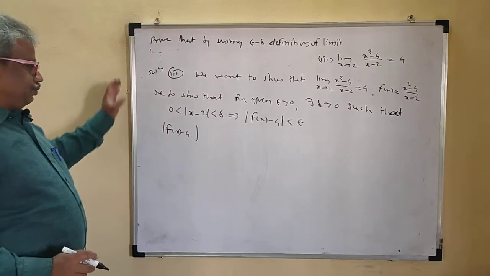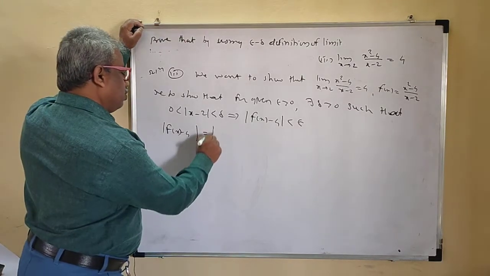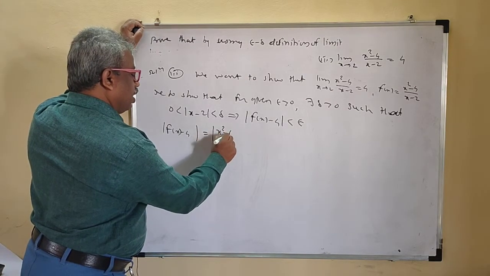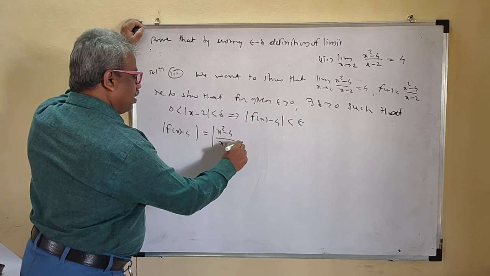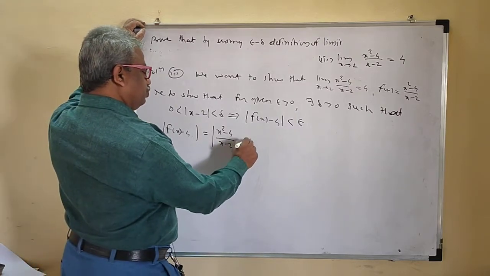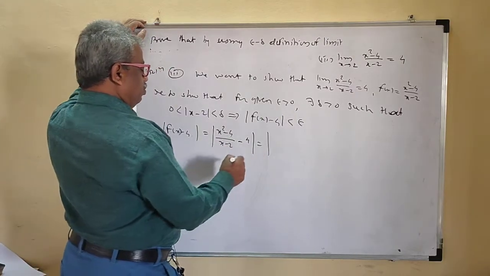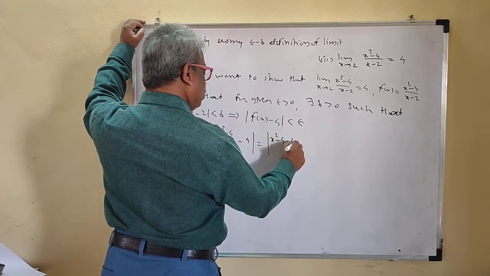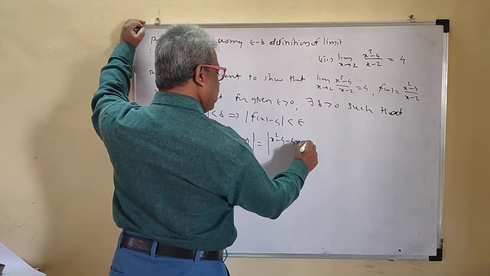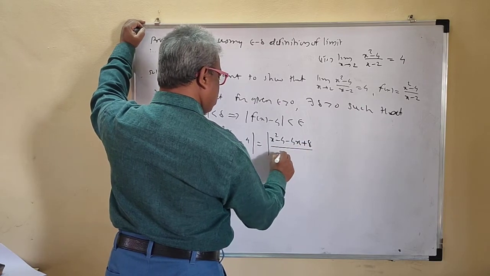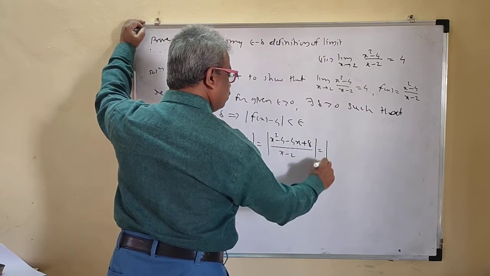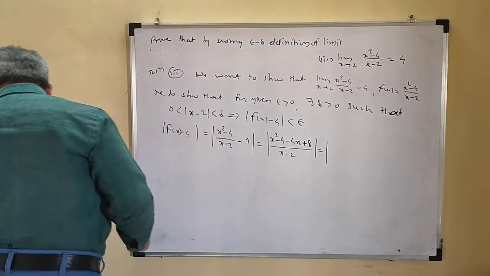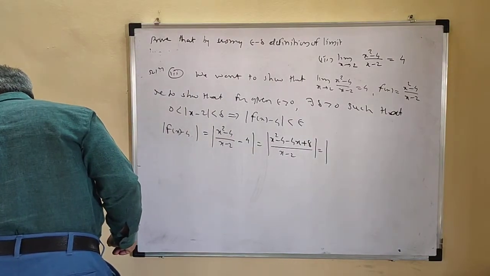Okay. So what is this? This is equal to x square minus 4 upon x minus 2 minus 4. So this is equal to x square minus 4 minus 4x plus 8 upon x minus 2.